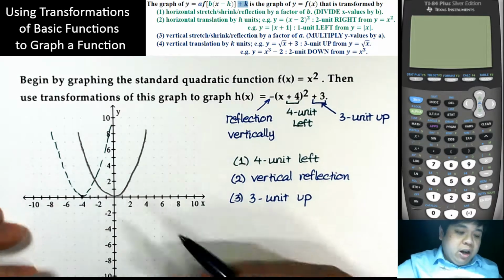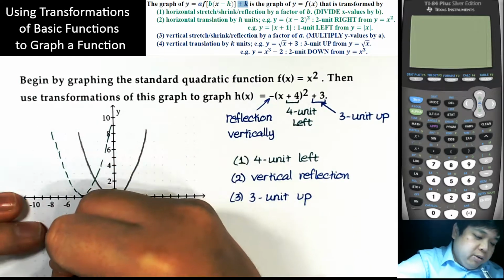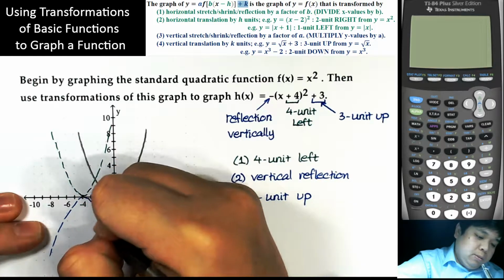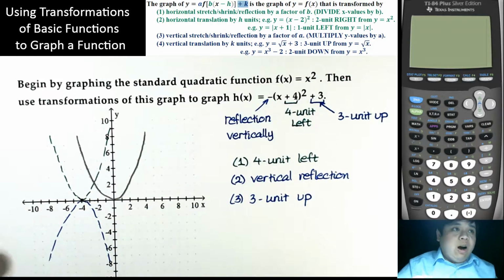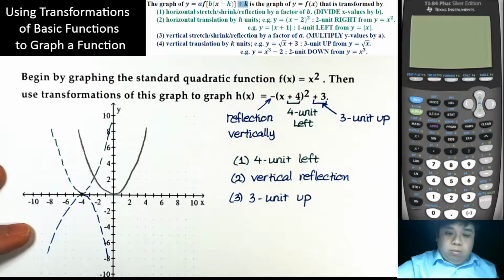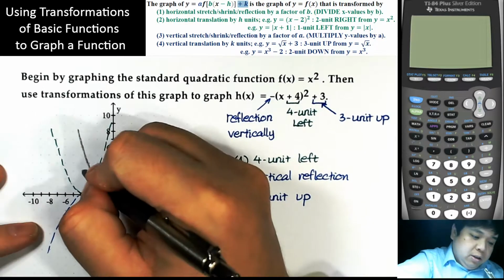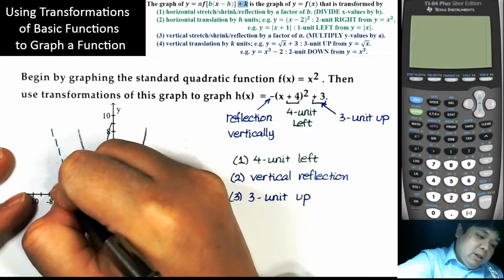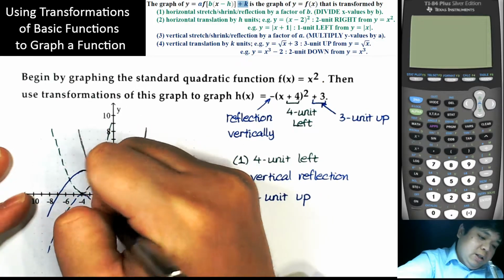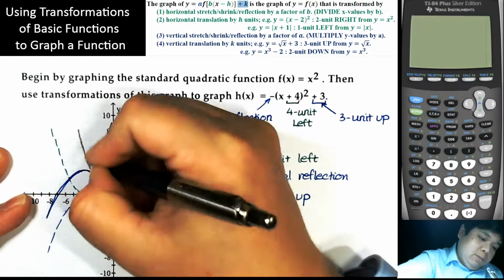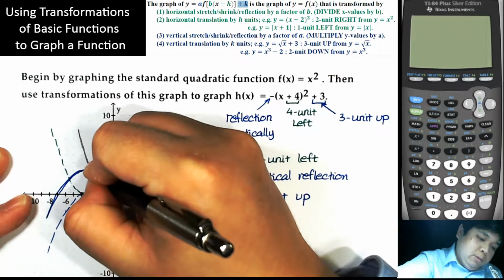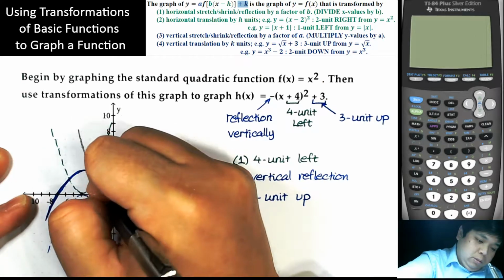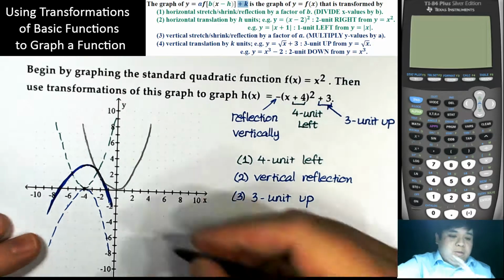And then vertical reflection, we're going to flip this upside down. And then finally, we move this 3 units up. From that point up, every point moves up 3 units. So it should be like this. So it will be like that.